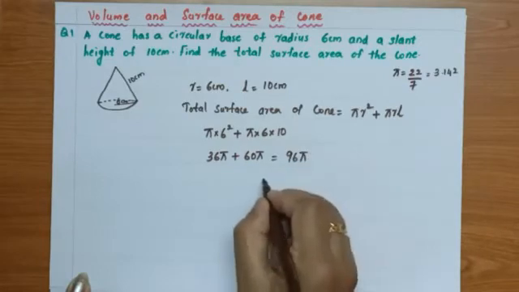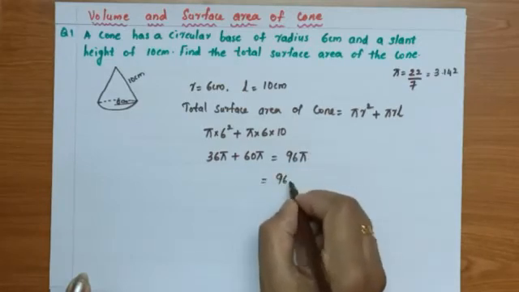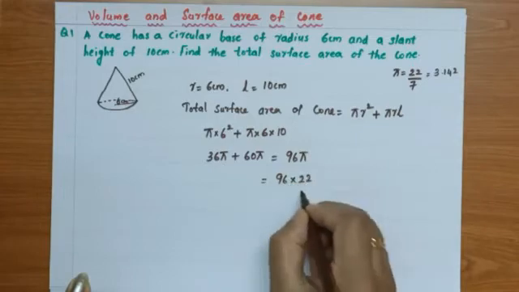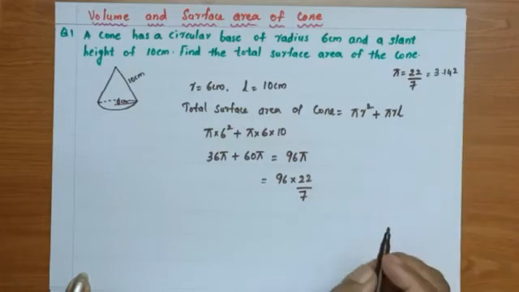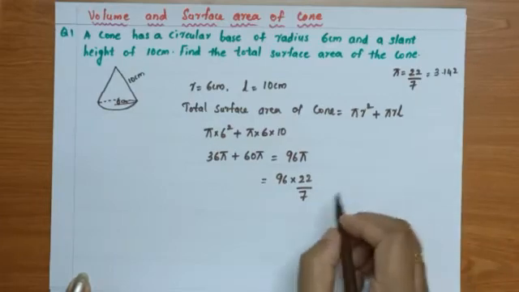Then we can change the value of pi: 96 multiplied by 22/7. Instead of 22/7 you can use 3.142 also. You will get the same answer.